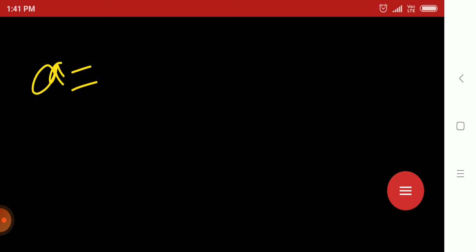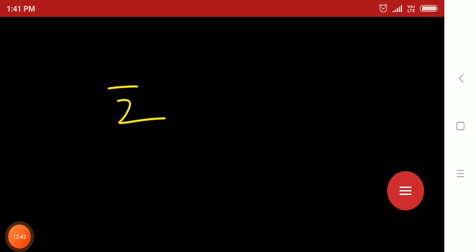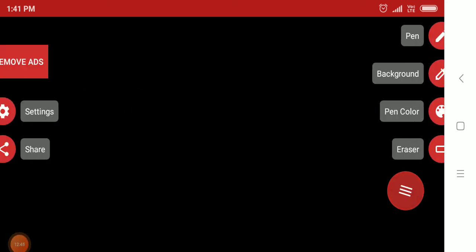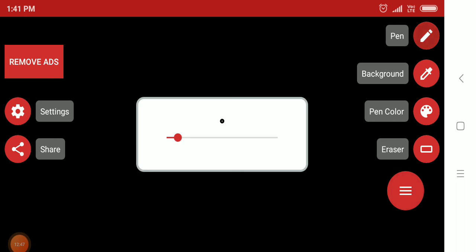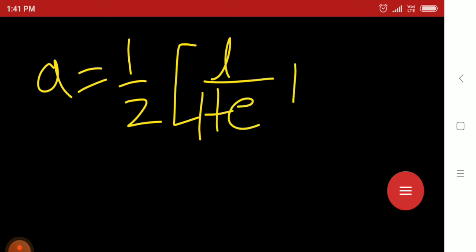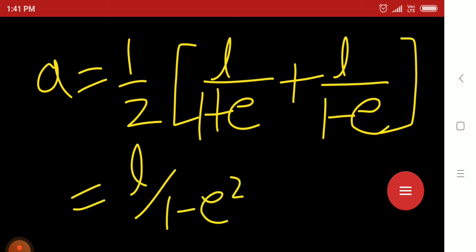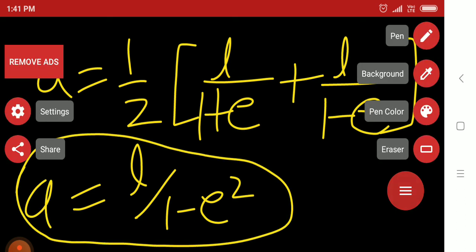So a equals half of (l by 1 plus e plus l by 1 minus e). Lastly, a equals l by 1 minus e square.